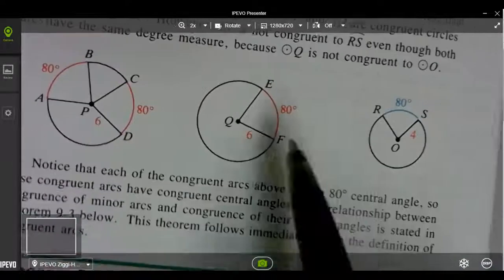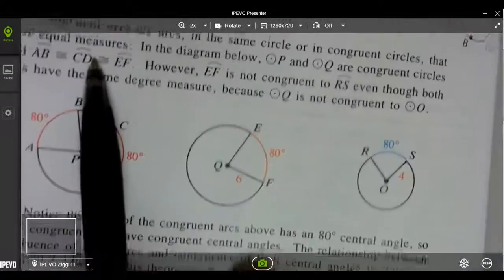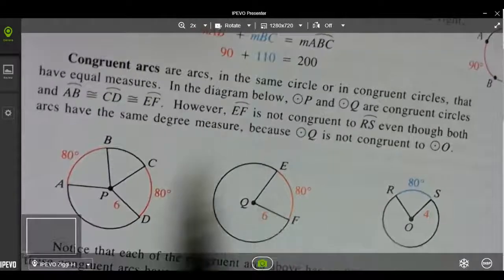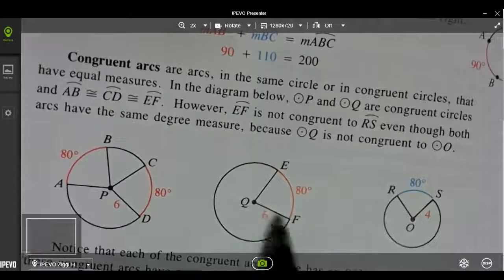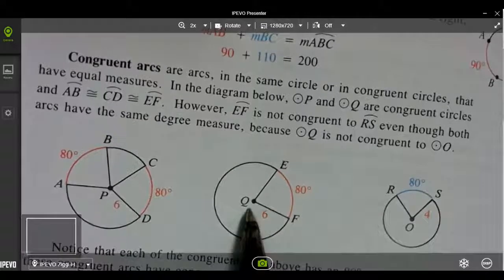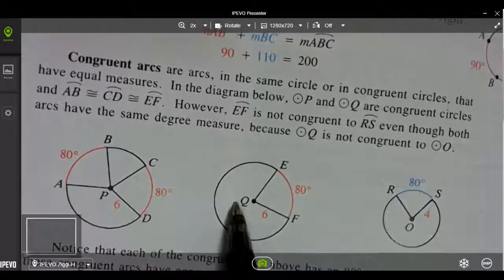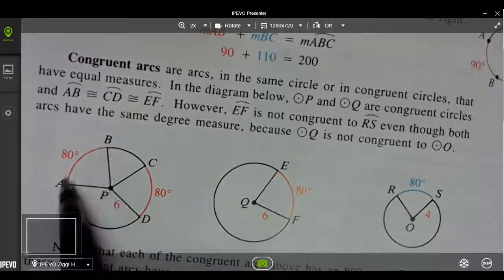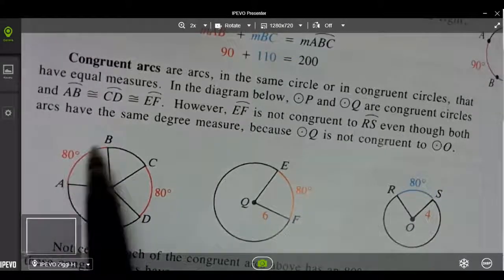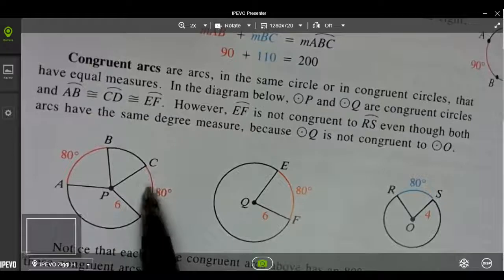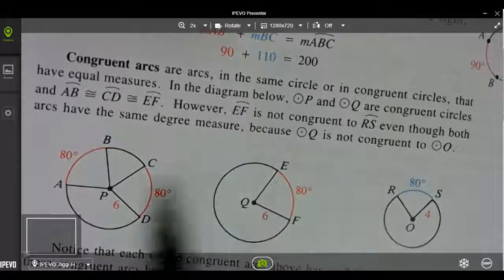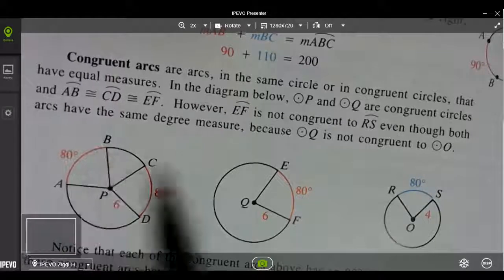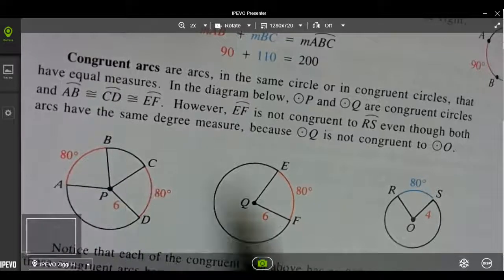And we have congruent arcs. Arcs are congruent when their radii are the same. If the radius of a circle is the same, that means the 2 circles are congruent. And when 2 circles are congruent, any congruent arcs in each of the circles are also congruent. So here 80 is congruent to 80, this arc 80.